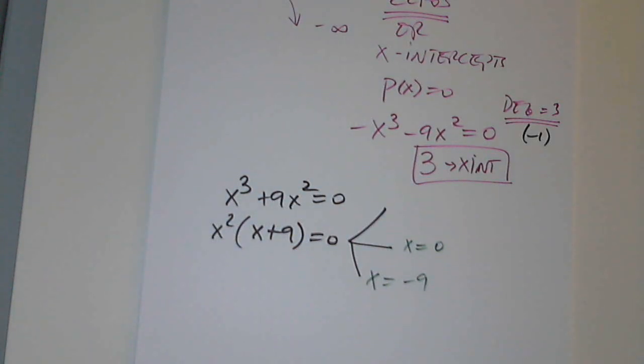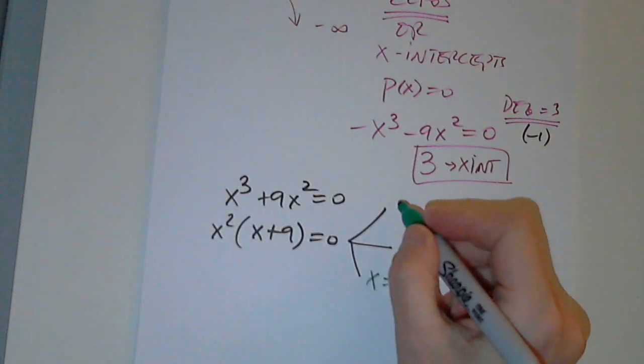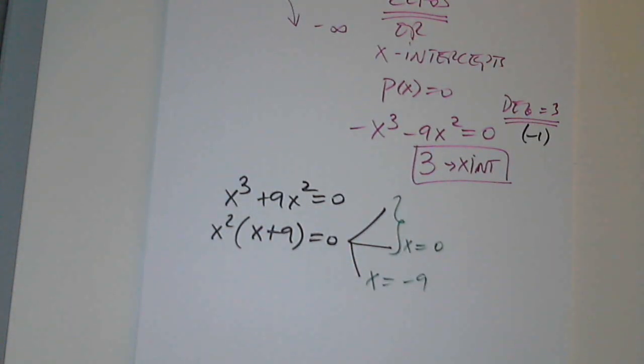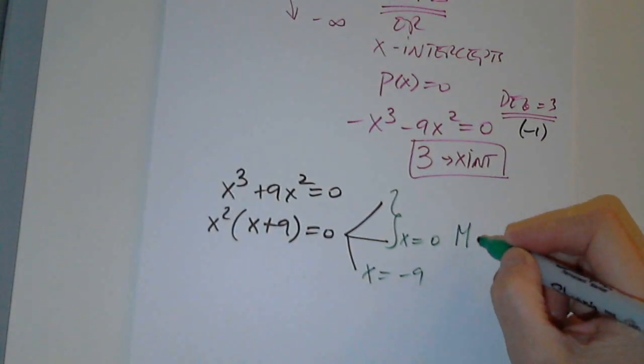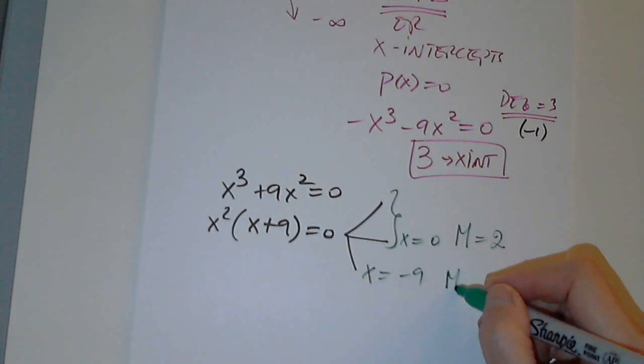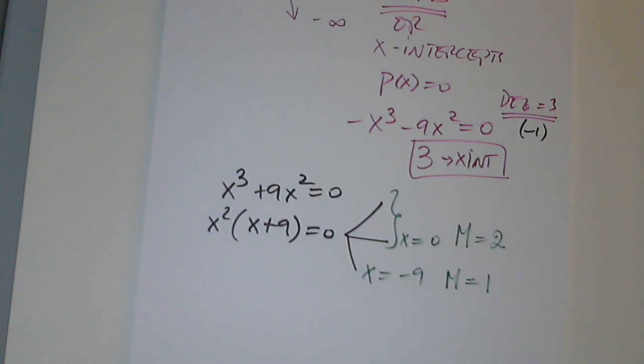Perfect. -9, 0, and? Just 0. Exactly. 2 solutions are 0. 1 solution, x equals -9. This has multiplicity 2, and this has multiplicity 1.